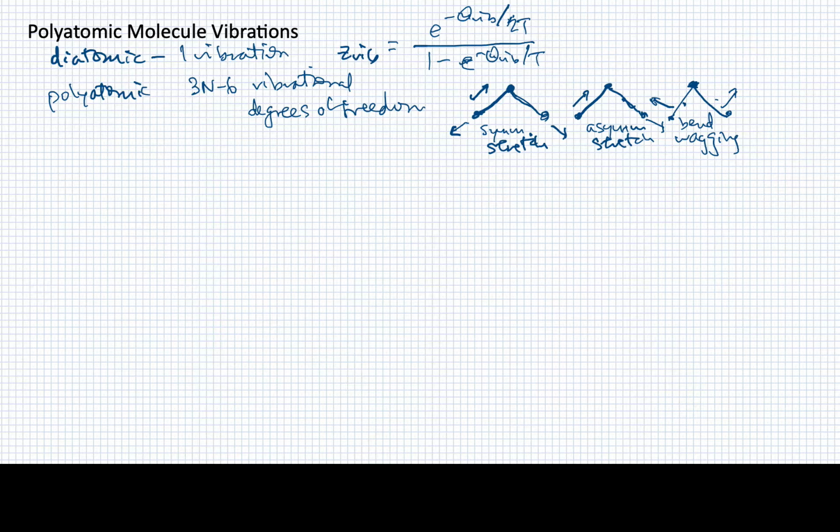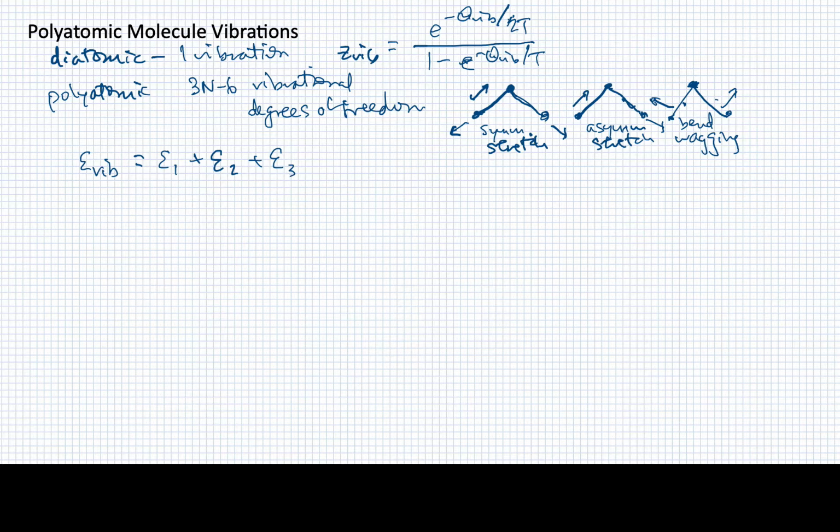Now, what I've drawn for you here is actually something called normal modes. You don't need to worry about that designation so much. The real point, though, is that this polyatomic has more than one vibrational degree of freedom. And in many cases, at low energies anyway, we can write the vibrational energy for a molecule as simply a sum over the various vibrational modes. So, for example, I might have, in this case, 3 vibrational modes.